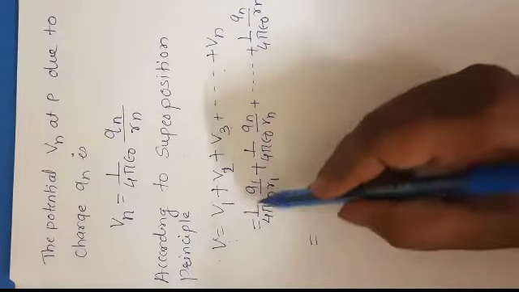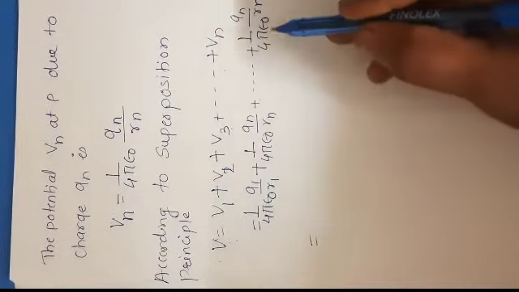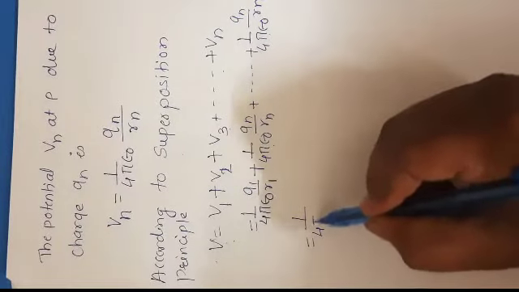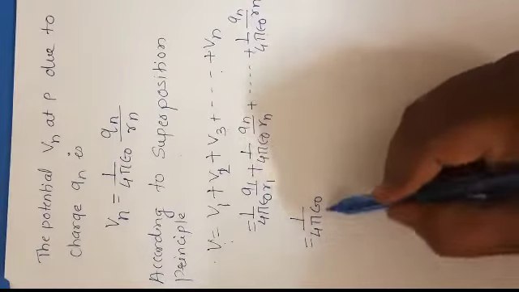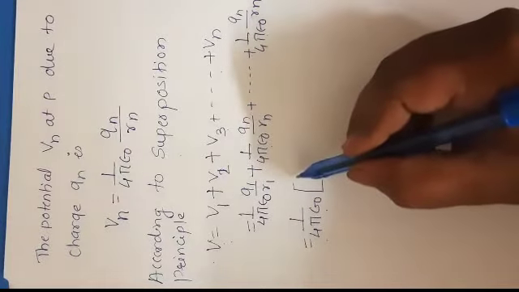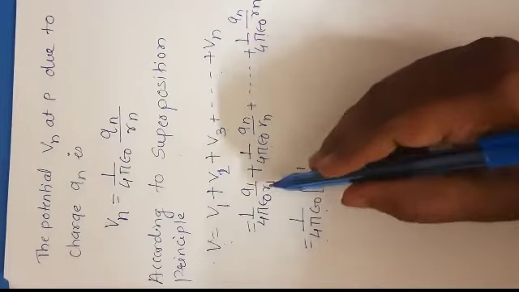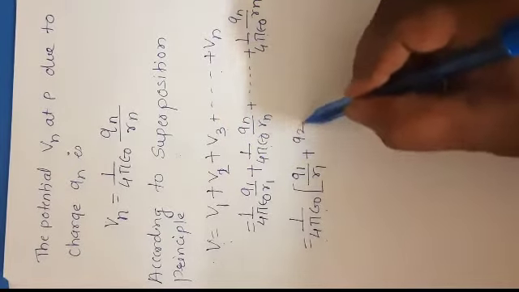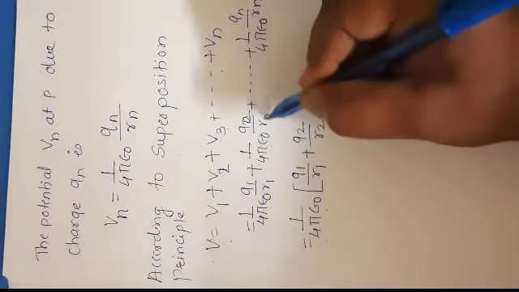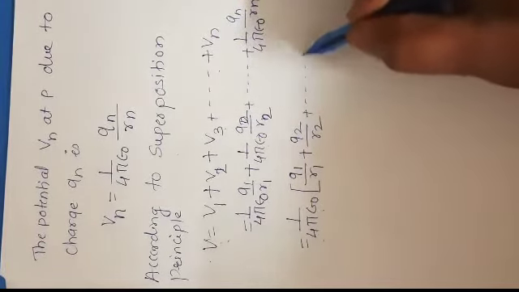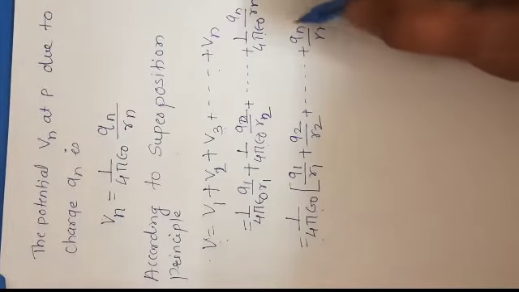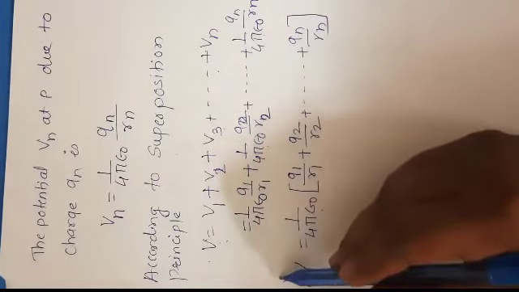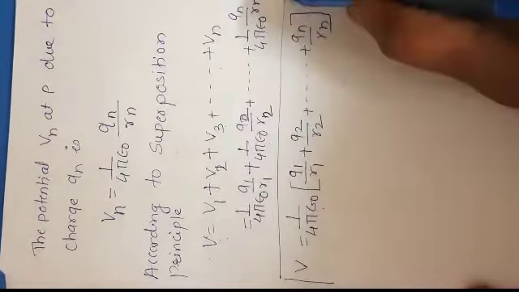Here 1 upon 4 pi epsilon 0 is a common term, which we take outside the bracket. The uncommon terms go inside the bracket: q1 upon r1 plus q2 upon r2 plus ... plus qn upon rn.